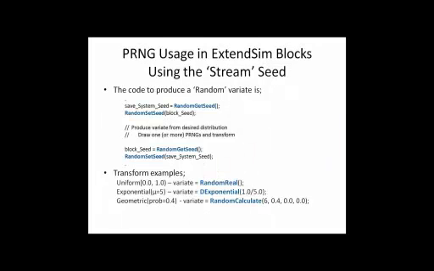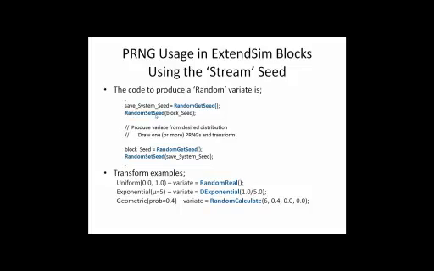When you get to the place where we're wishing to generate a new random variant from some distribution, the code that takes place there in these standard ExtendSim blocks is we'll get the current system seed and save it locally.